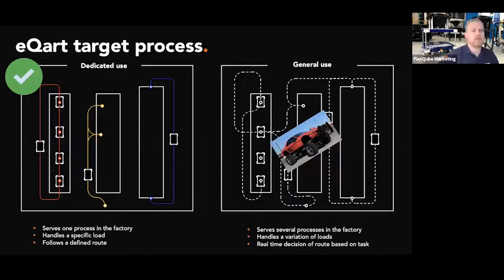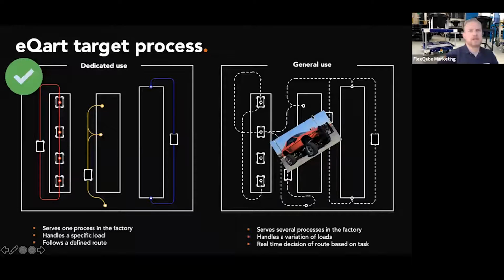So you make one automation setup for the red loop, you make one for the yellow and one for the blue and so on. The benefit with that is that you can keep it more simple. You can customize each eQart for each use case. And it is also easier to calculate the return on invest because you have a more isolated project.